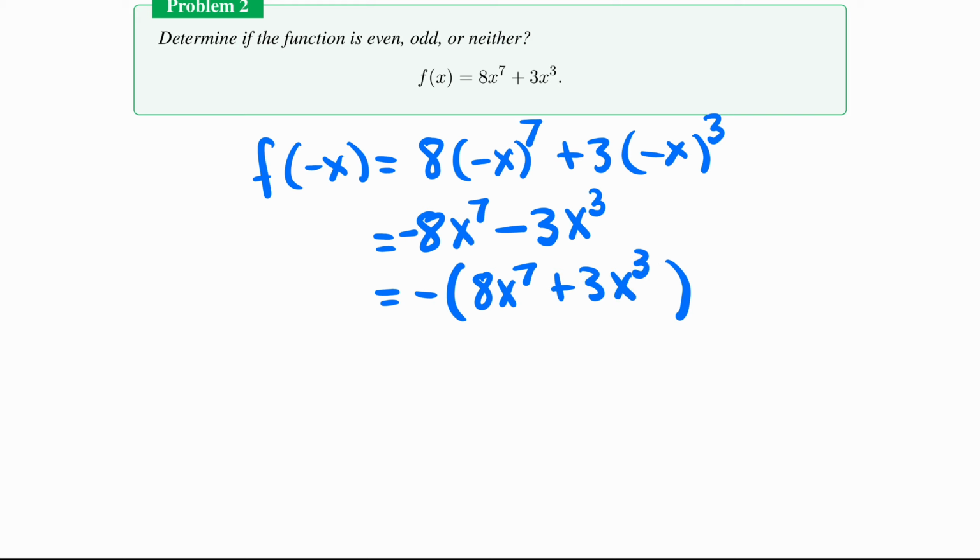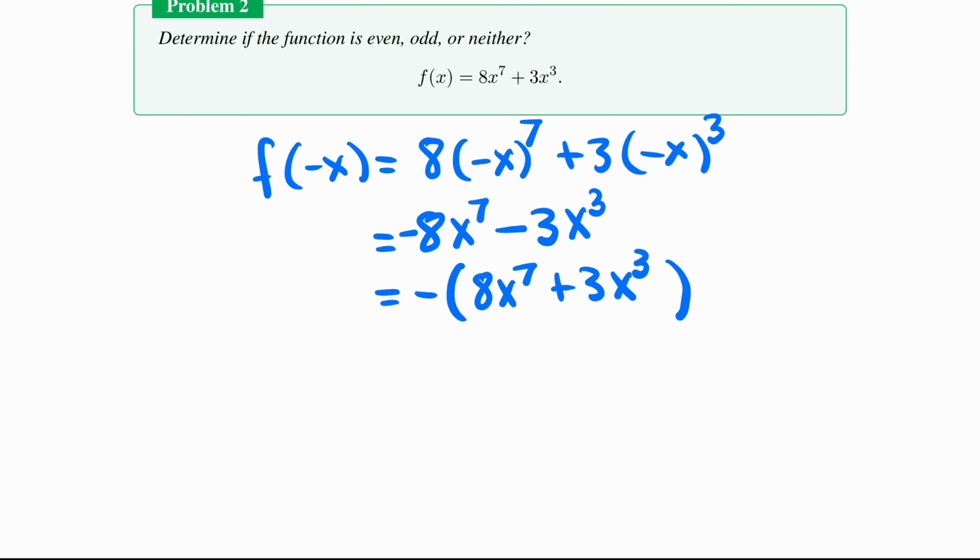That's a quick little trick. Every time you factor out a negative, it's just going to switch the signs. But you should always check your work. Go ahead and distribute the negative and make sure that you get back the previous step. And we do. So we did it correctly. Now, let's analyze what we have in the parentheses.